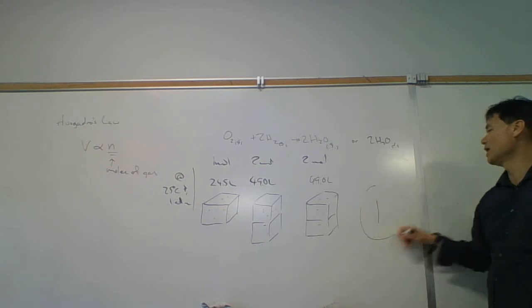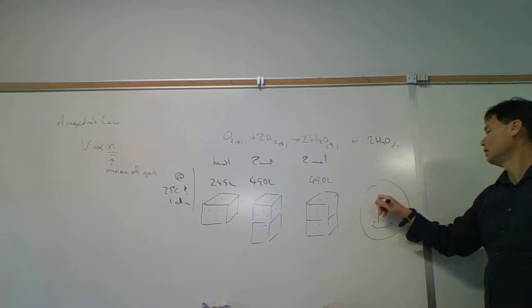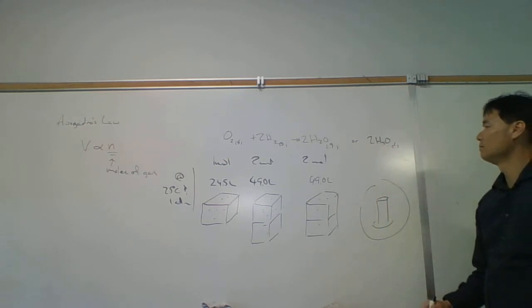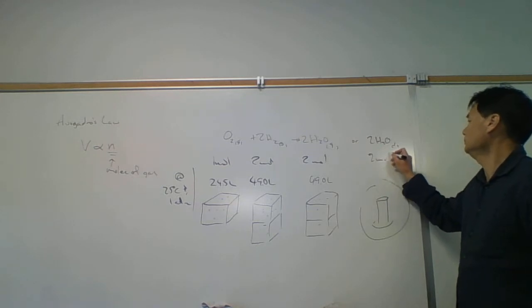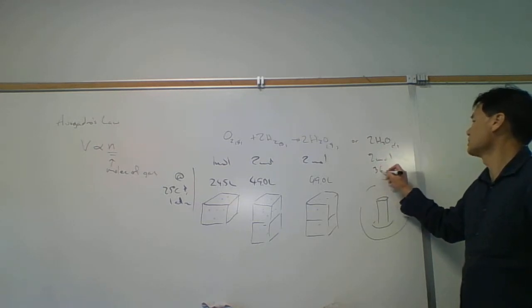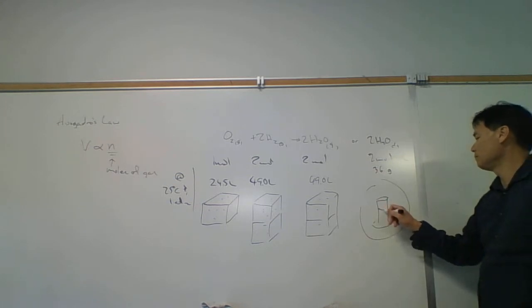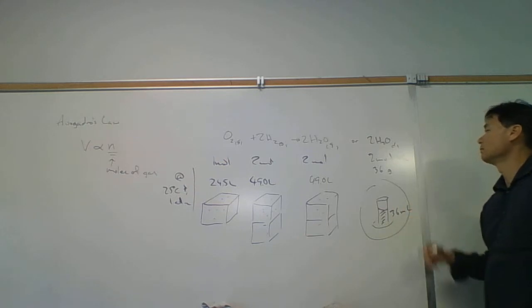So if we blow it up like this, H2O liquid, well, 2 moles of H2O liquid is going to weigh 36 grams. Well, 36 grams means this is just going to be 36 milliliters of water.